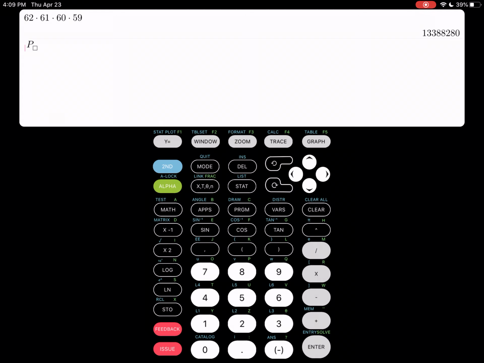For this one, 62 is our n value, and our r value was 4, I believe. And that will figure out the factorial for you without you having to put in the 62, 61, 60, 59. Kind of handy, it could come in handy when something is not as easy as this and you'd have a whole ton of these to do, which I think maybe the next one is kind of like that.